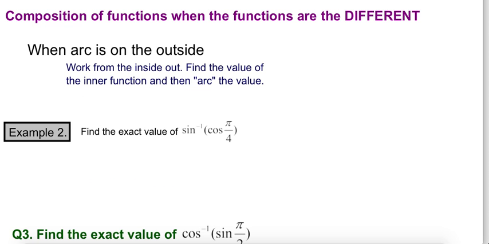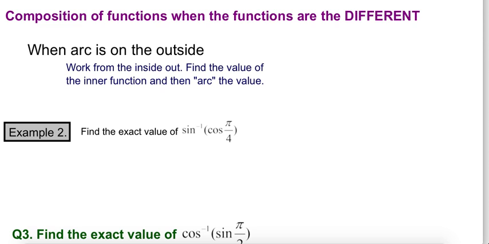All right. Now there's the case where your trig functions are different. We're going to start with when the arc is on the outside. The case where the arc is on the inside will be in video 2 for section 7.2. So when the arc is on the outside, you're really not doing anything different.